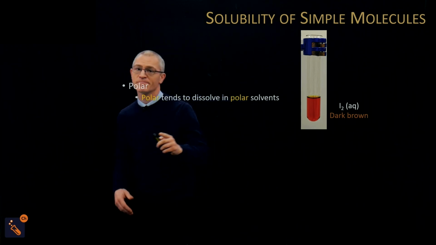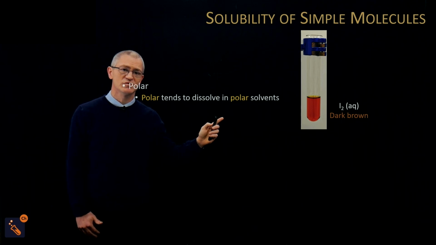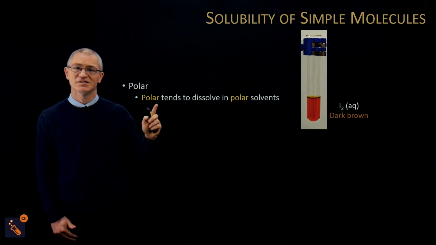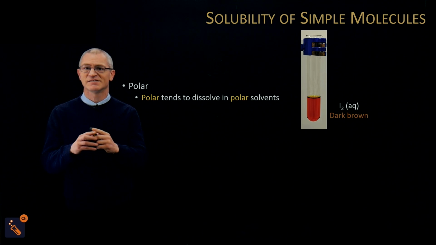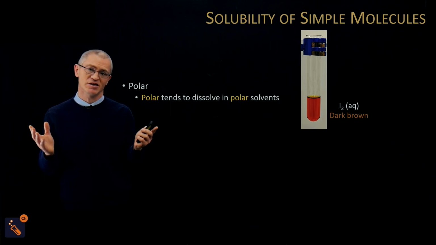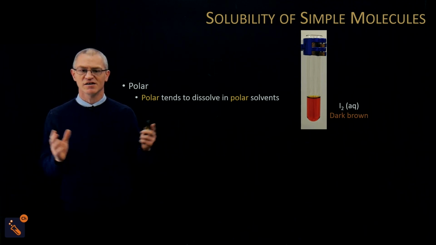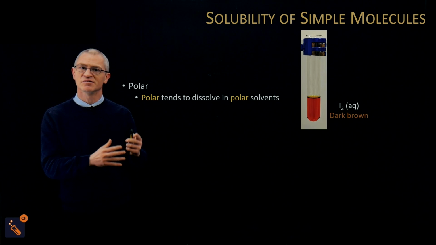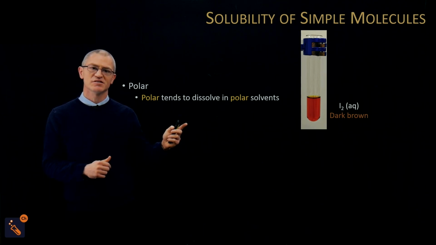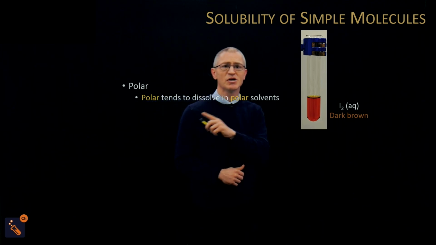Now water, and hopefully you're aware, is polar. Because water is polar, the iodine is not polar because the iodine has the same electronegativity. So iodine and iodine, same electronegativity, I2. Whereas we've got water which has a difference in electronegativity between the O and the H. That means that the iodine won't dissolve very well because polar dissolves in polar.